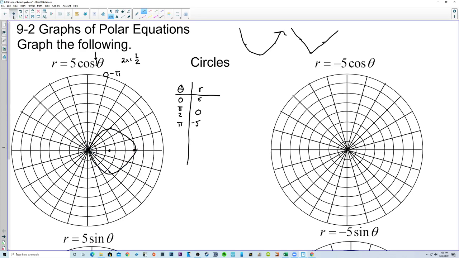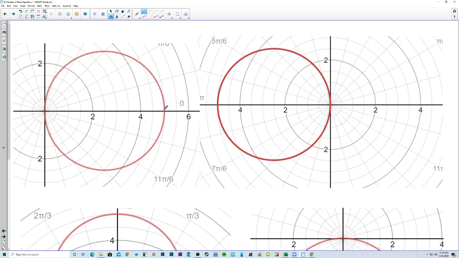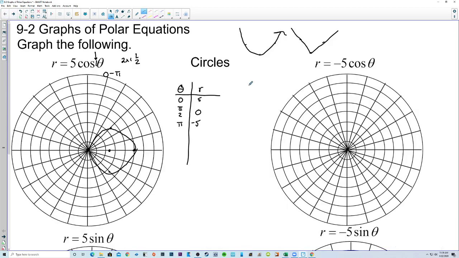And notice that on this page, I went to Desmos and drew a nice version of this. There's 5. So 2.5 is sitting here. There's the top of the circle. This is the center of the circle right here, and you can see a nice version of a circle.